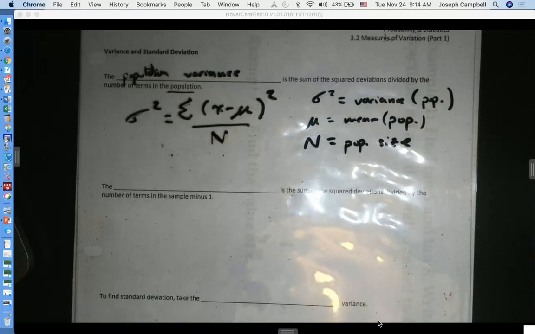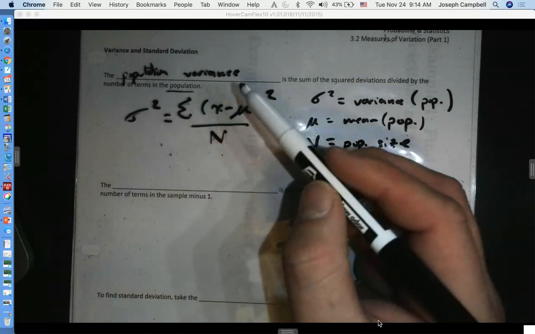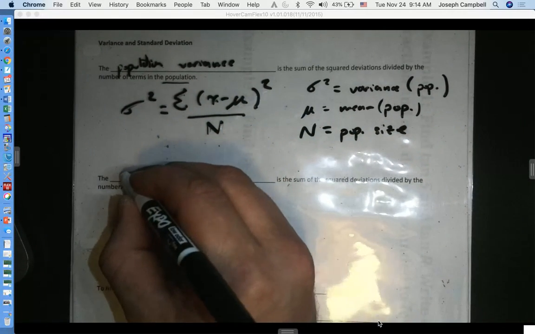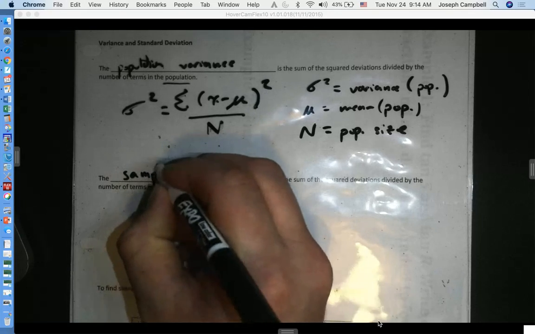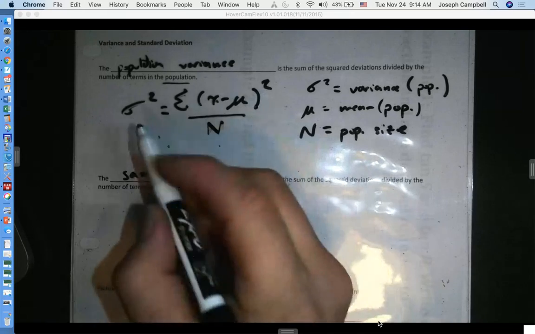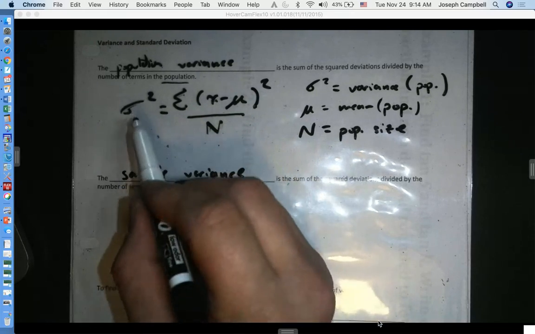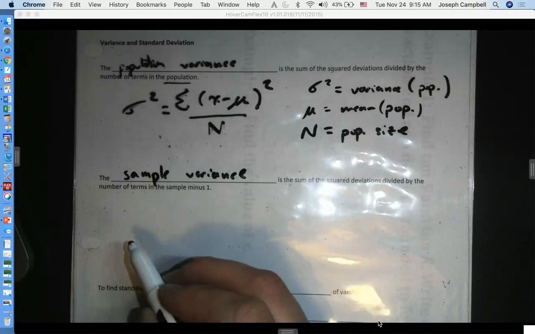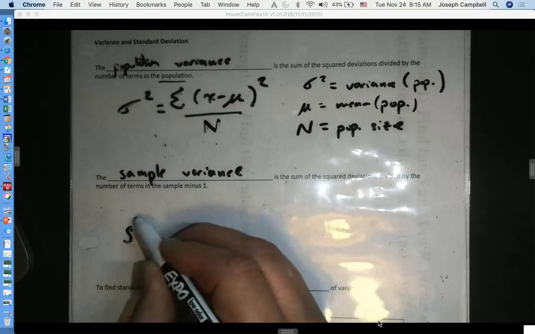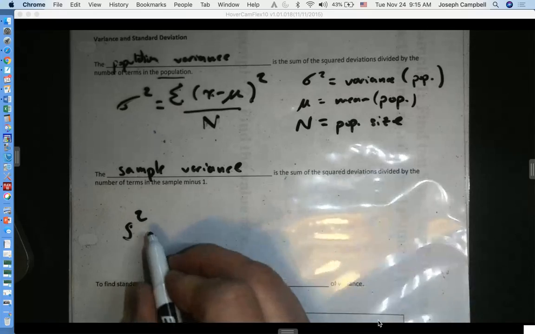Okay, so this has its analog for samples, and this is called sample variance. Instead of using lowercase sigma, we use the English version, which is an S, and it's still squared.